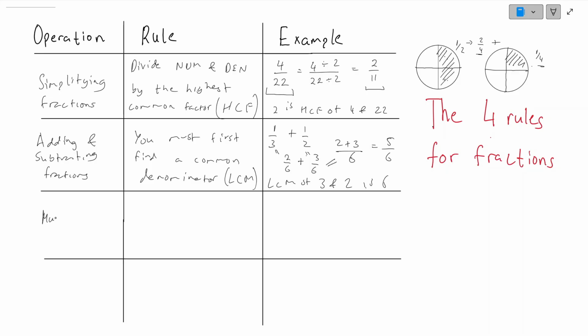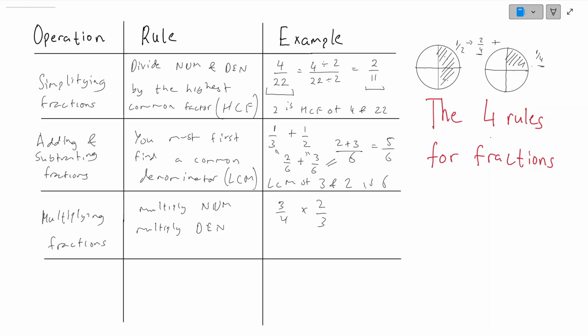Next up, we're going to look at multiplying fractions. And for this, it's quite simple. You just multiply the numerators together and you multiply the denominators together. So an example of this is just 3 over 4 multiplied by 2 over 3.